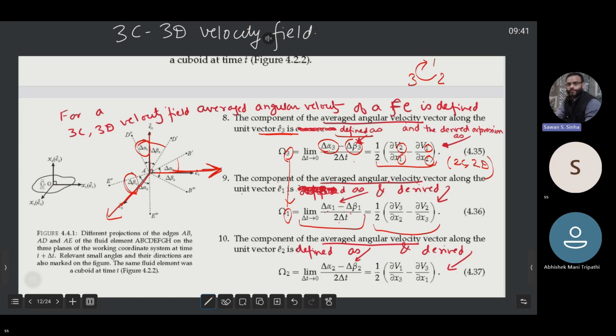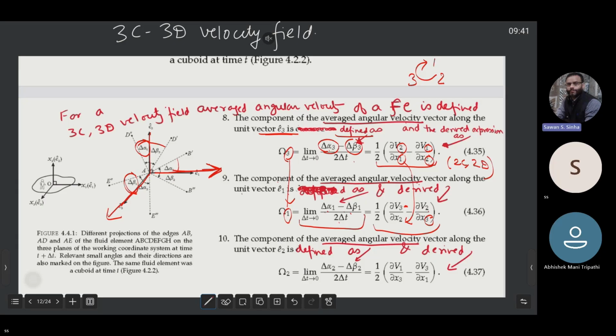So 3 became 1, so 2 according to this becomes 3 here, 1 becomes 2 here. Here it was 1, it becomes 2, and here it was 2, becomes 3. So in that manner, if you rotate the indices, you will get the right expression.